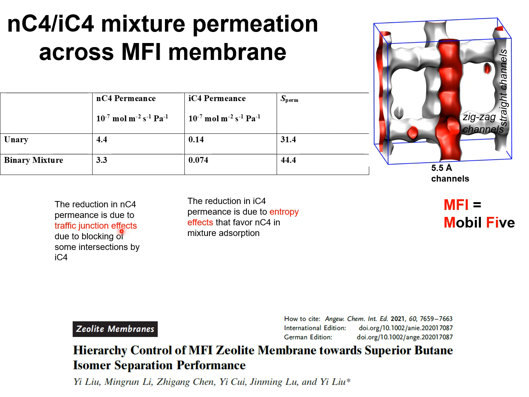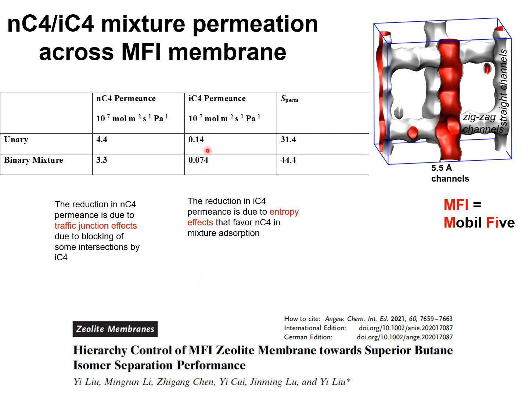We need to understand what causes the lowering in the component permeances of both NC4 and IC4 in the mixture as compared to the unary permeance. And I shall demonstrate that the reasons are different.